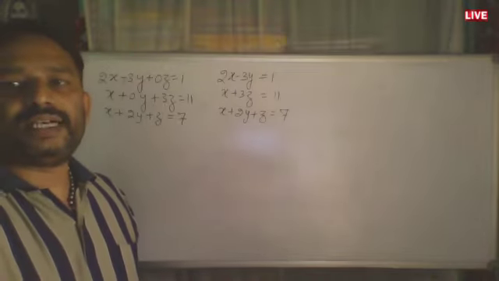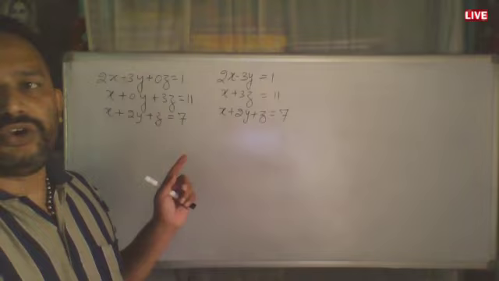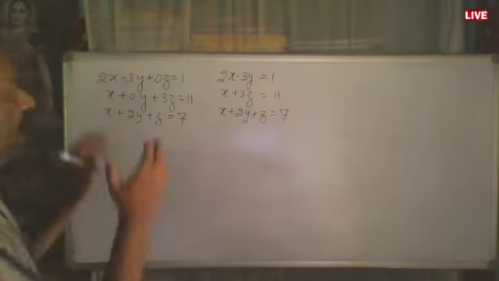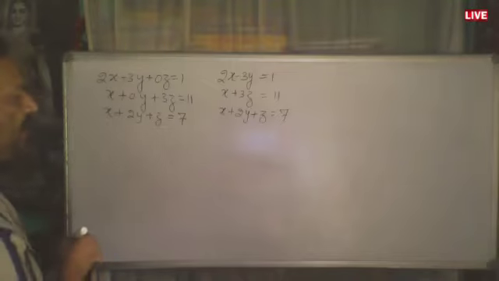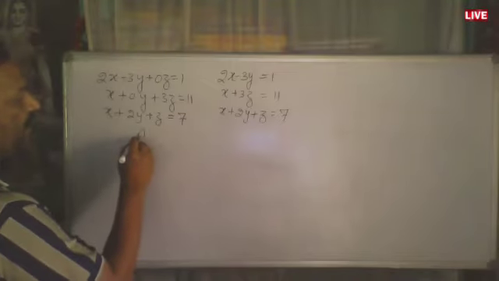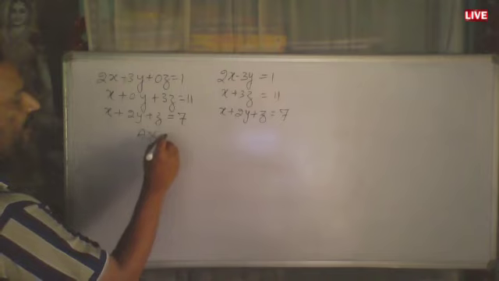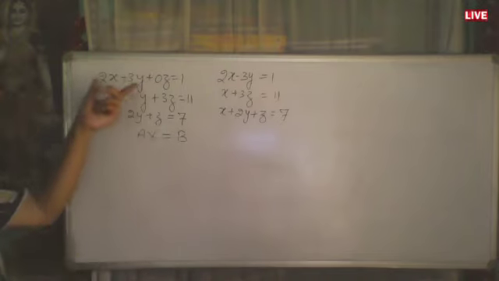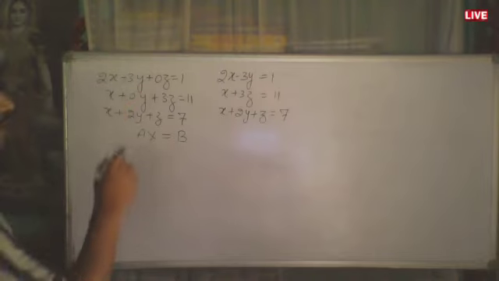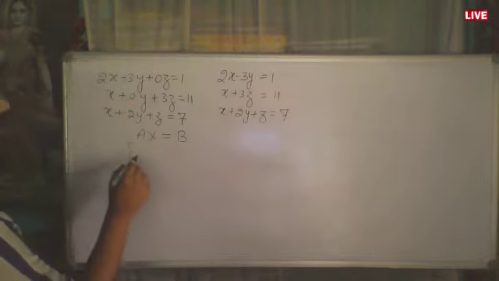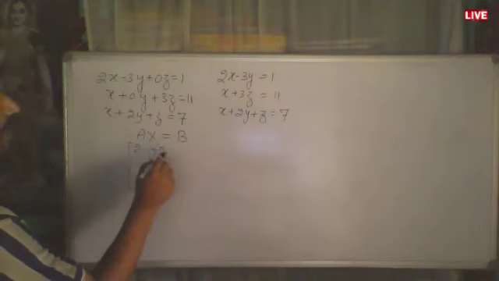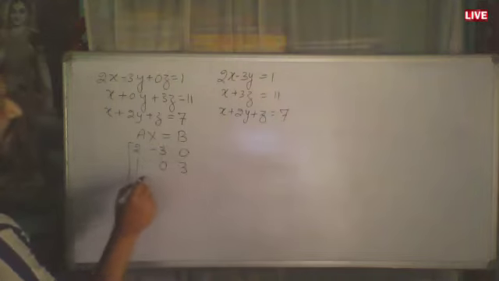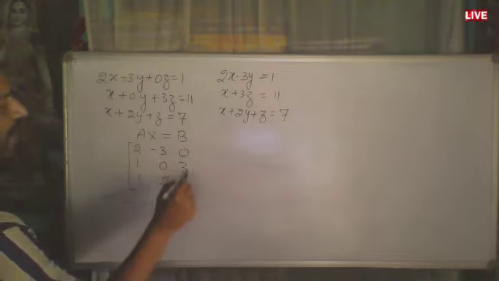Now we will discuss first of all whether it gives us a solution or not. To find that, we have to write this system of linear equations in matrix form, that is AX is equal to B, where A is the matrix of coefficients of variables: 2, minus 3, 0, 1, 0, 3, 1, 2, 1.